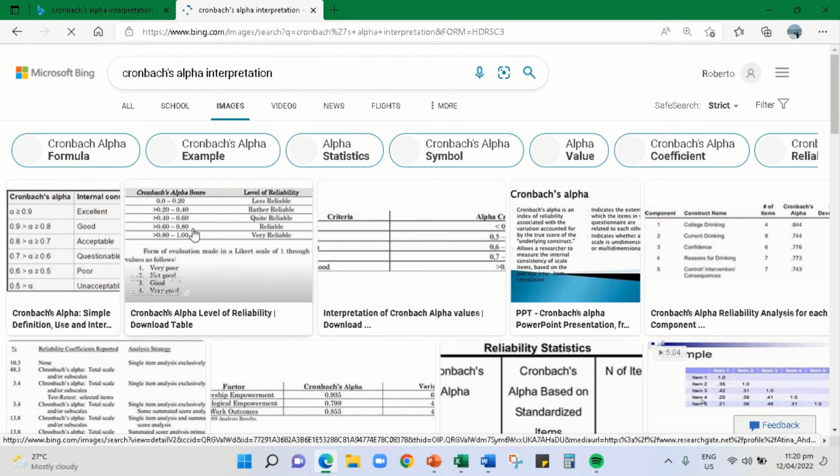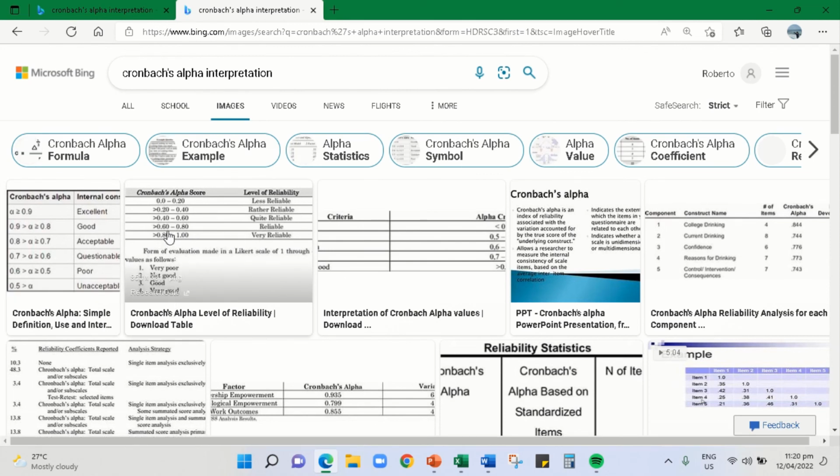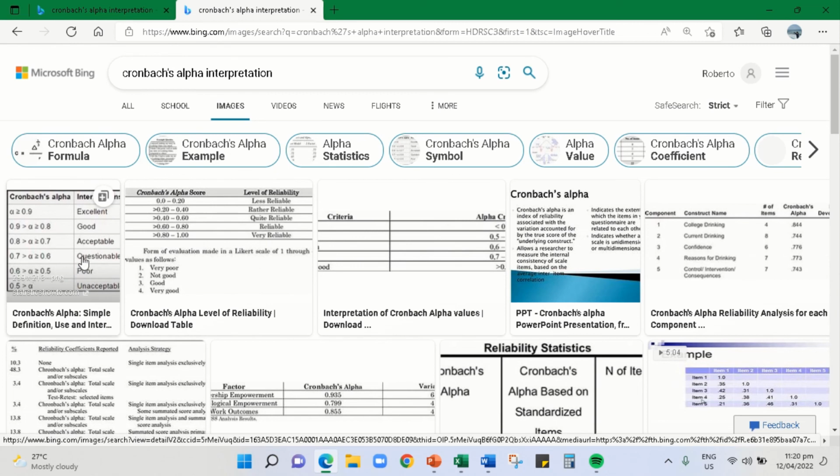However, we can use this one to favor our paper. If it's between 0.6 to 0.80, it's reliable. However, if this is the thing that we're going to use, we're going to have a questionable standard. It depends upon the standards of your institution or your school, what you're going to use.